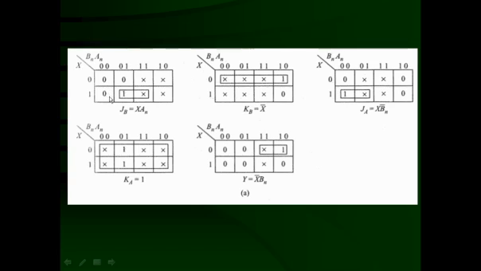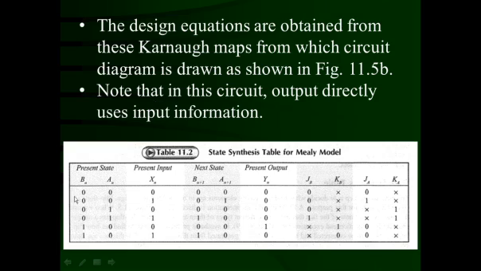So 0, 1, 2, 3, 4, 5, 6 and 7, these are the locations of the min terms, remember, and you can substitute from here. For this it is going to be 0, 0, 0, 0, 0, 1, 0, 1, 0, that means this is going to be M0, M1, M2, M3, M4 and M5.